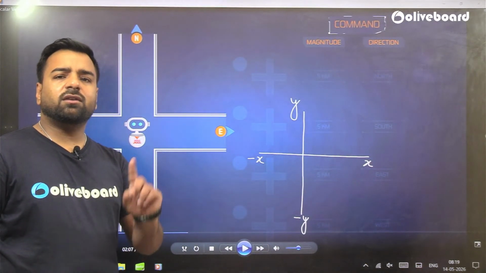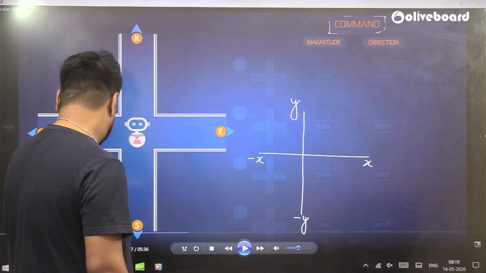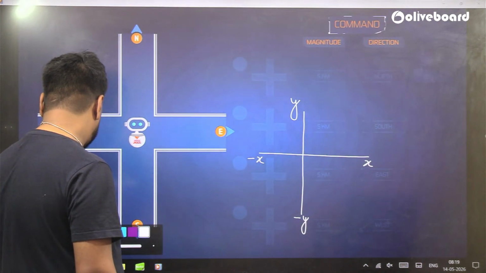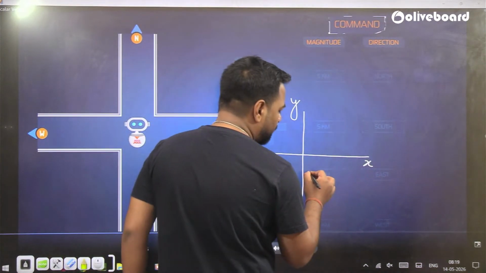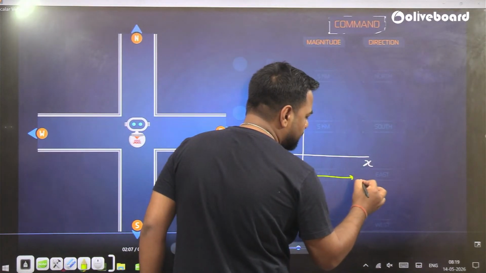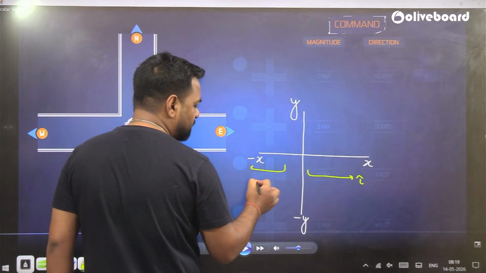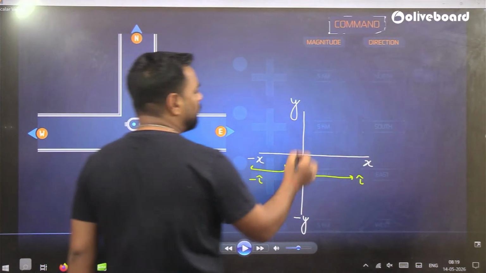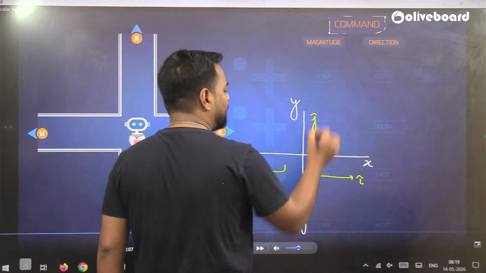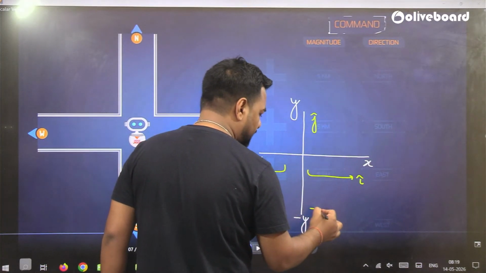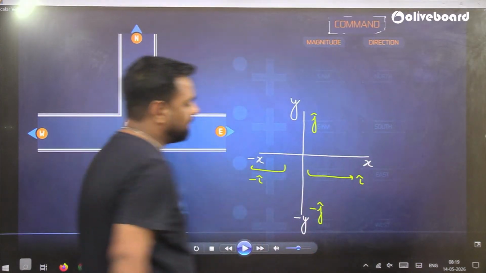Now, if I want to show the direction, I'll just change the color. For moving towards x, I'll use i cap. For moving towards minus x, I'll use minus i cap. For moving towards y, I'll use j cap. And while moving towards minus y, I'll use minus j cap, right?